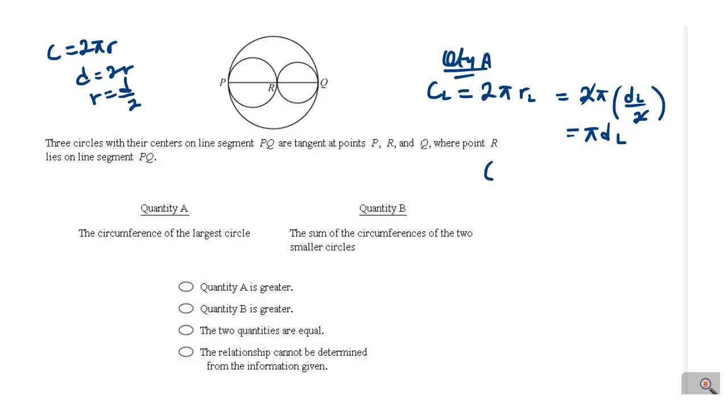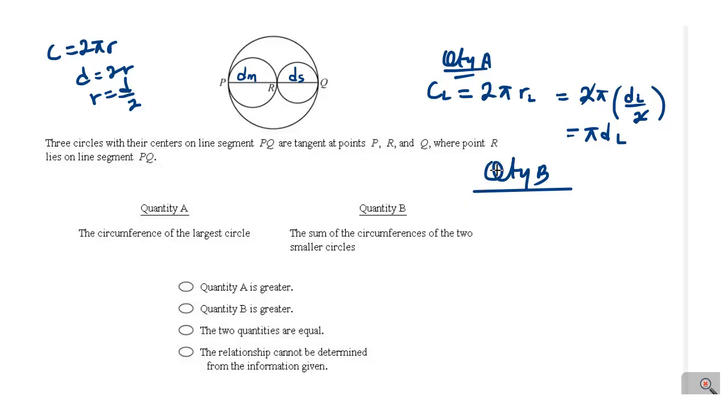So let's move on to quantity B, the sum of the circumferences of the two smaller circles. There are two smaller circles here. Let's call this one D medium, the diameter of the medium circle, and let's call this one the diameter of the small circle.